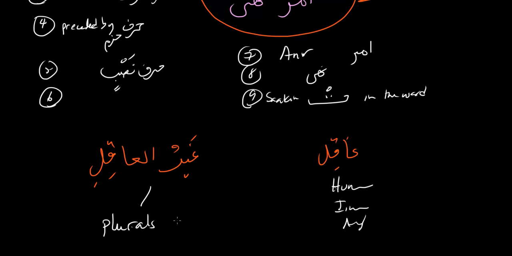If you want to describe them or point to them, or their verbs and all of that, the ghair aqil plural is treated as wahid mu'annath. They're treated as one entity, as wahid mu'annath.